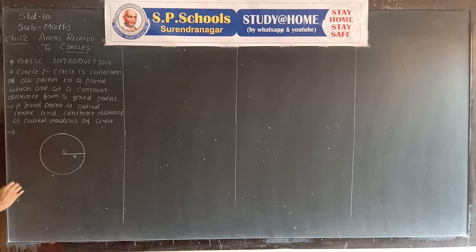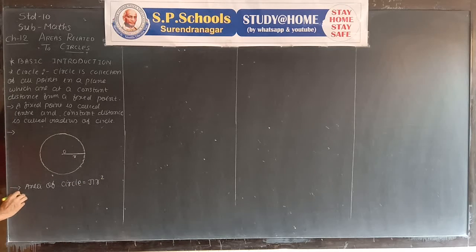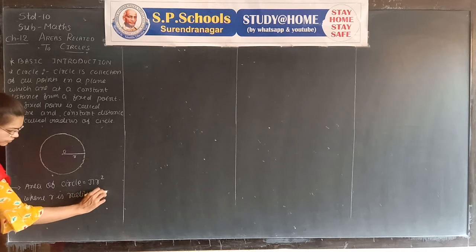Then the first formula is the area of circle. Area of circle is equal to pi r square, where r is the radius of the circle.